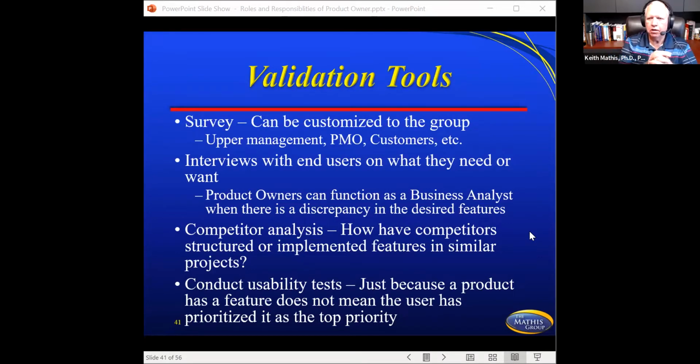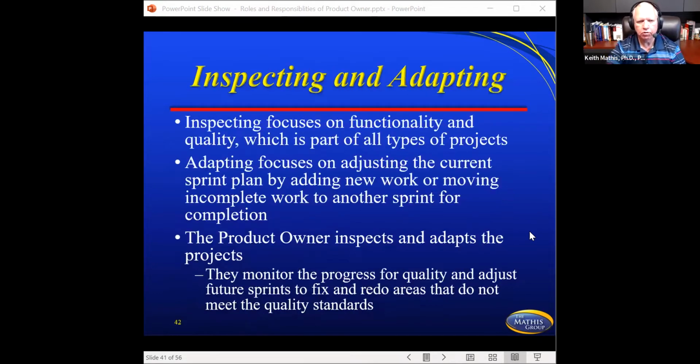This is where it connects to a product, because competition is out there getting ready to produce a very similar product. And then conduct usability tests. Just because a product has features does not mean that the user has prioritized it as a top priority. That's why the product owner is always trying to have the top priorities worked on.